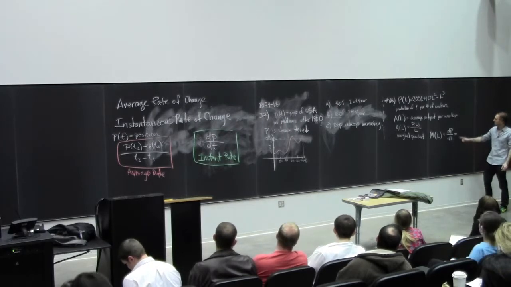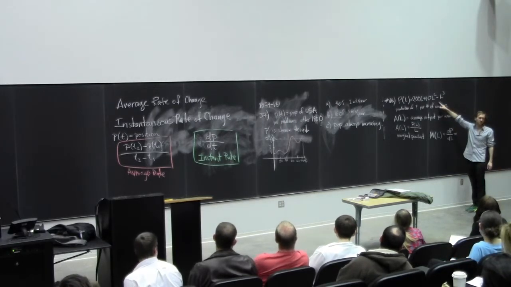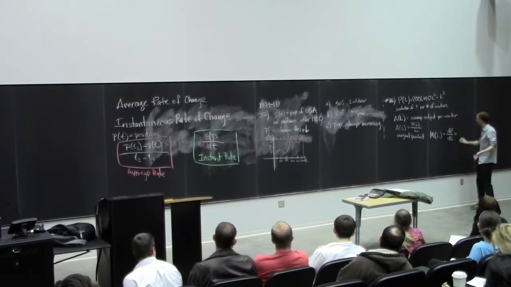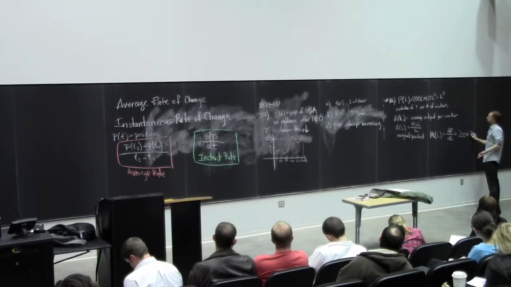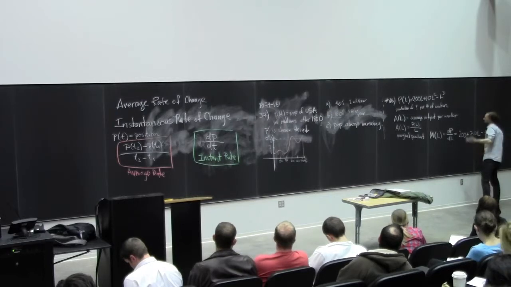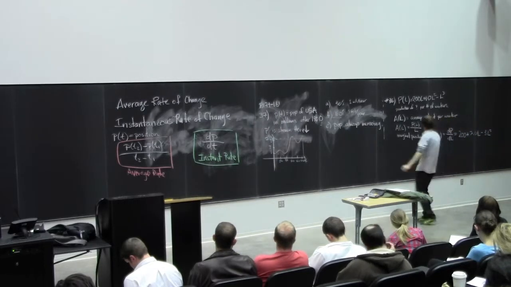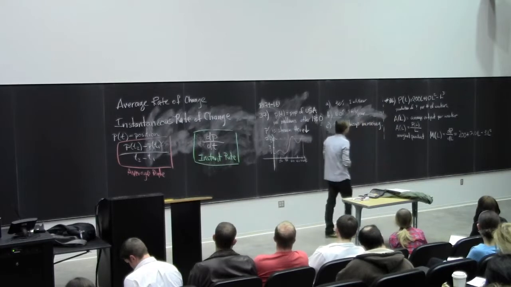We're just taking the derivative of this function with respect to L. Can you do it now? Okay, tell me now. 200 plus 20L minus 3L squared. Okay, fantastic.